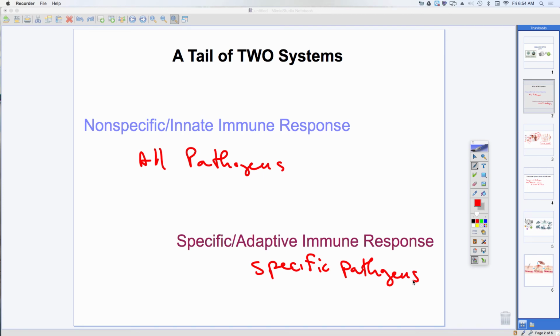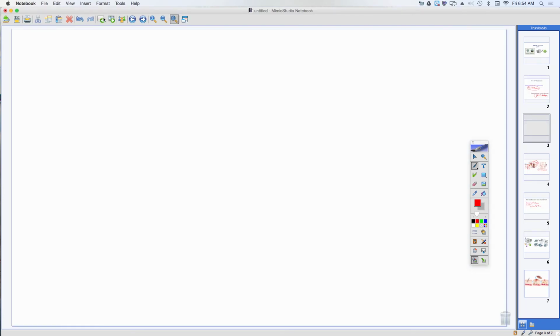Your adaptive immune response adapts to a specific pathogen, whereas your non-specific innate immune response tries to target all pathogens. So let's think about the key parts of your innate immune system. We did talk a little bit about this already, but there's nothing wrong with a little redundancy.